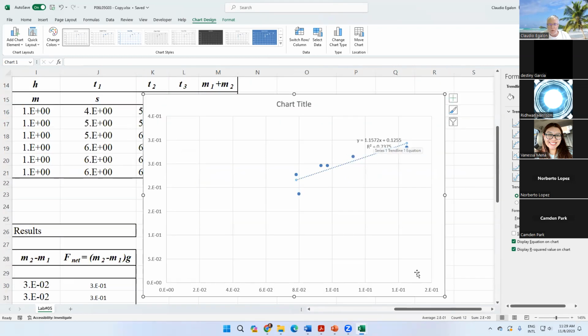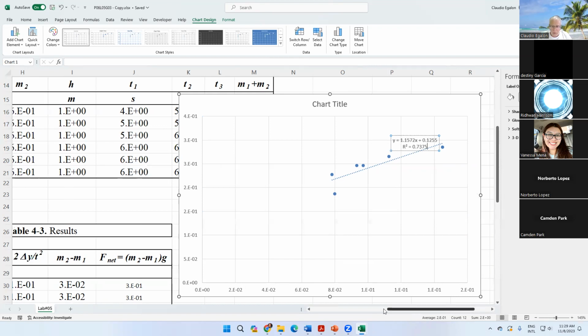1.1572 for the slope. See the R square? Because of those outliers, you're getting a relatively small R square, 0.7375. If I was doing this in an actual experiment, I would ask my students to repeat this data point here. But let's see if you still get a good value for the slope or not.